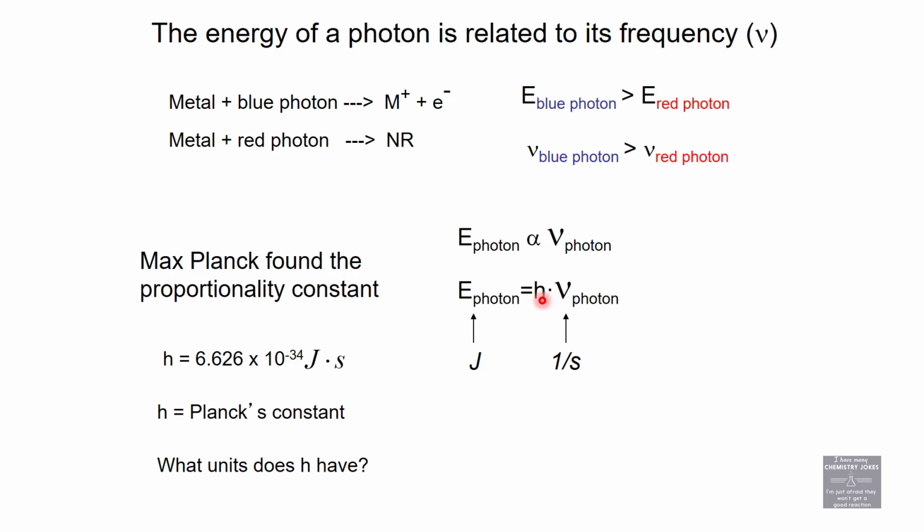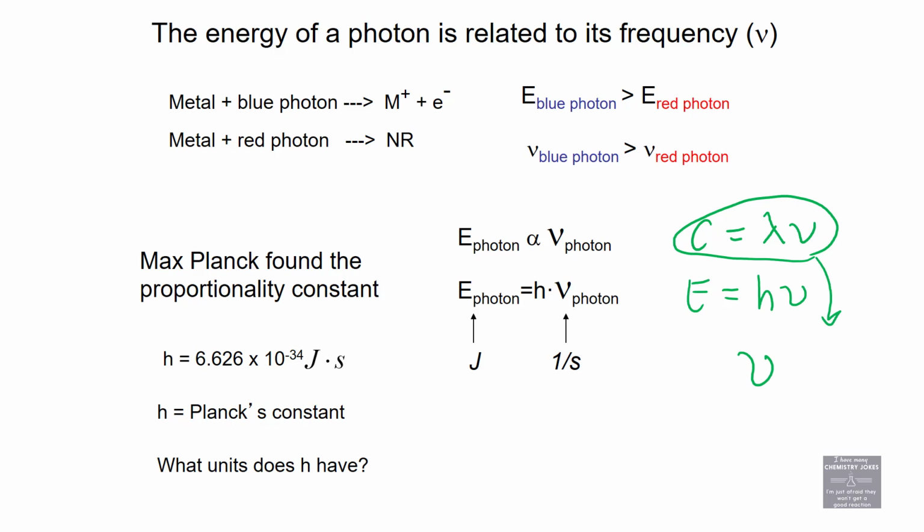Okay. So we now have a few formulas with light at our disposal. c is equal to lambda nu. That's speed of light is equal to wavelength times frequency. We also now know energy is equal to Planck's constant times frequency. If you solve this one for frequency, that's c over lambda.